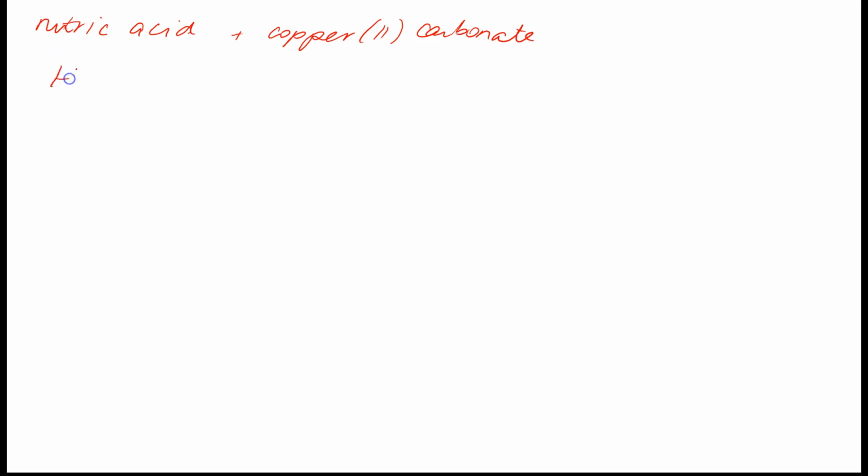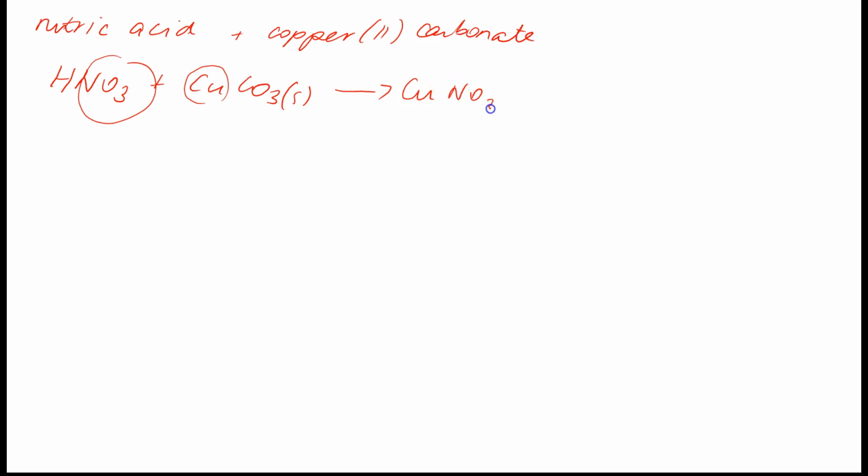Nitric acid, if you use your table from the first video, is HNO3. Copper 2 carbonate is CuCO3, and it's insoluble in water, so we just use it as a solid. It's going to form the metal from our carbonate and the anion from our acid, so it'll form a nitrate.